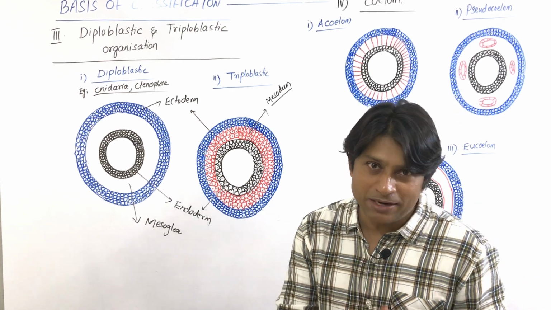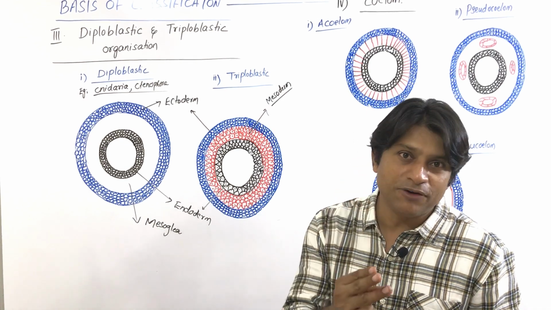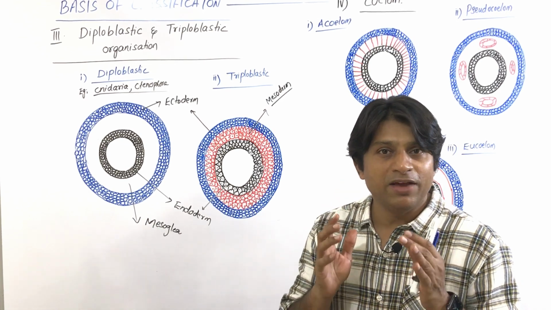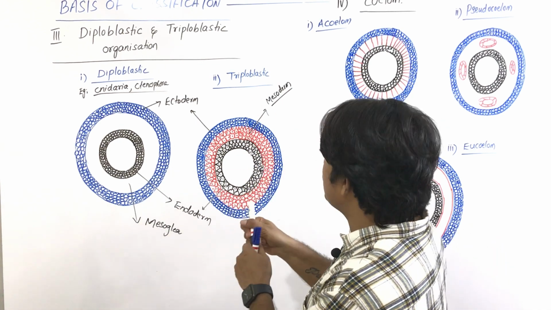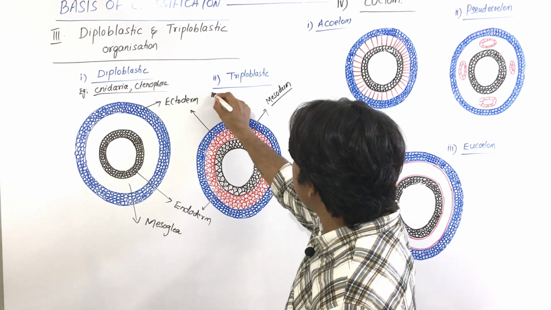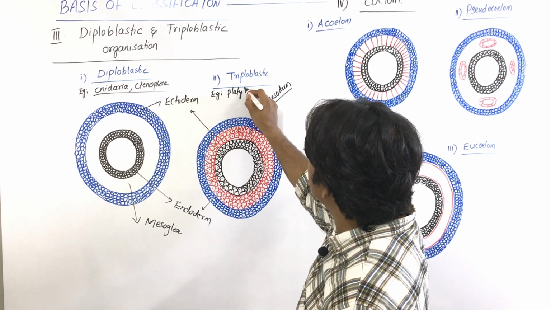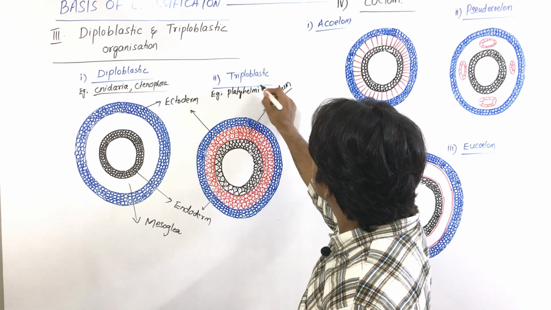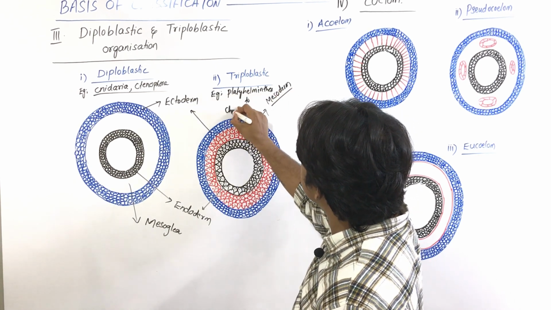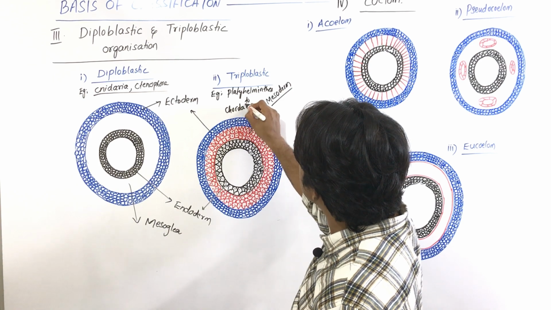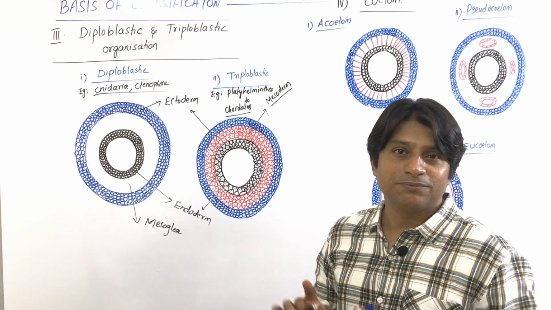Cells become specialized structurally and functionally from these three different germ layers and form various organs and organ systems. So this triploblastic nature starts from phylum Platyhelminthes. From Platyhelminthes to chordates, all are with triploblastic body nature, right?